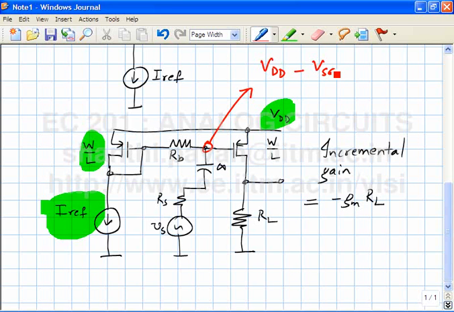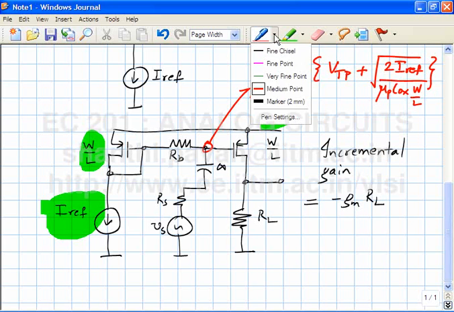And what is VSG? VSG is nothing but VTP plus square root of 2 IRef by mu P Cox W by L. Does it make sense? Am I right?